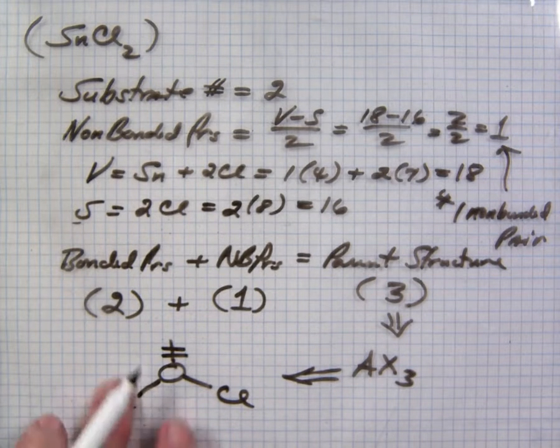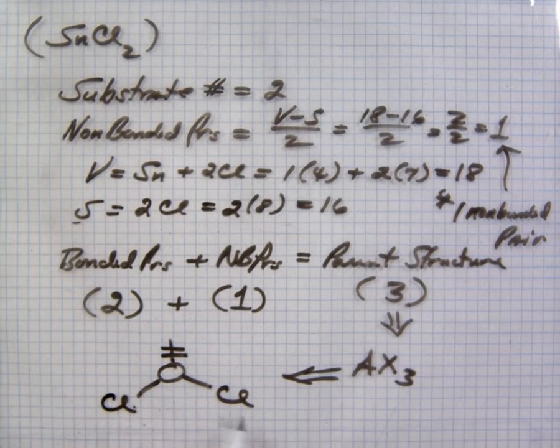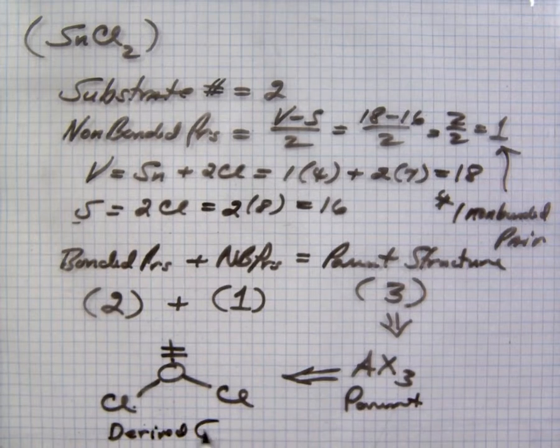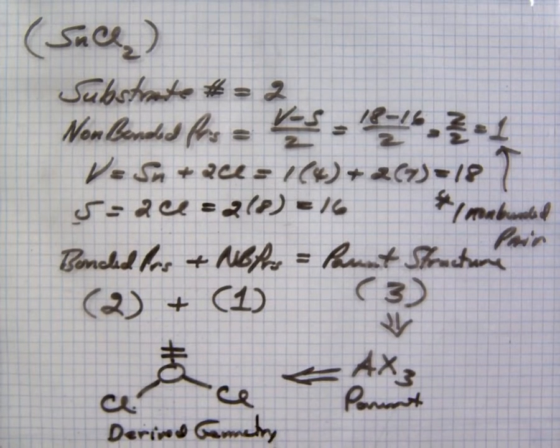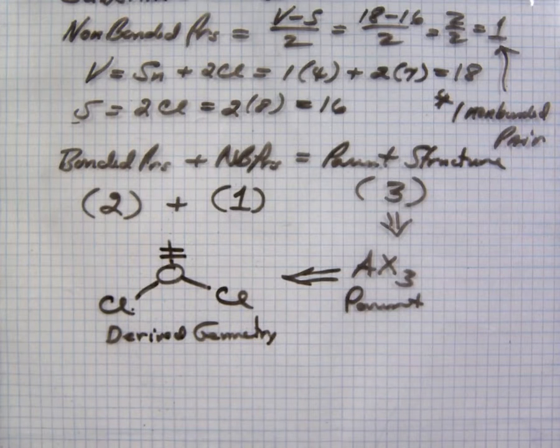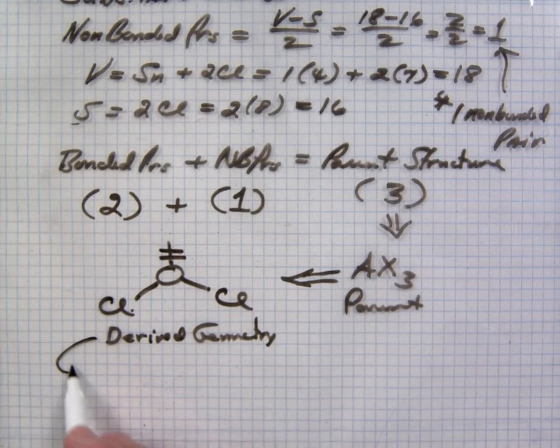When you name the geometry of this, it's going to be a derived geometry from the parent. This is the parent, and this is a derived geometry. The derived geometry is in terms of the attachments only.